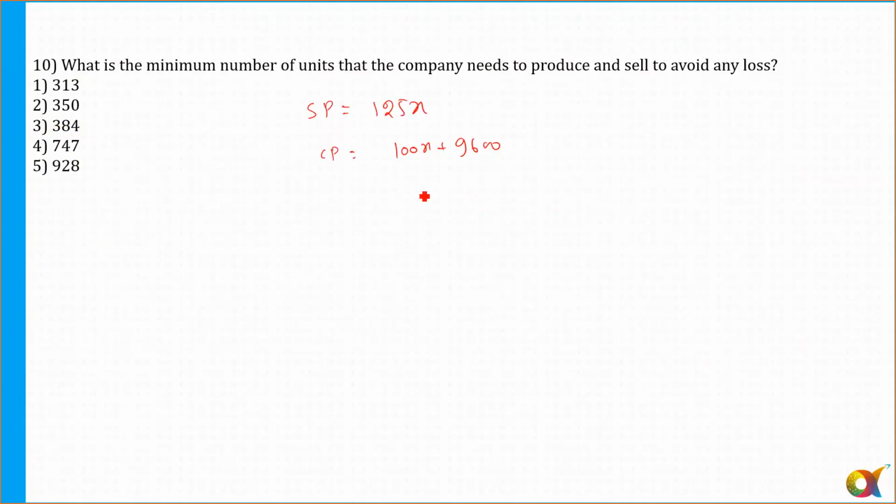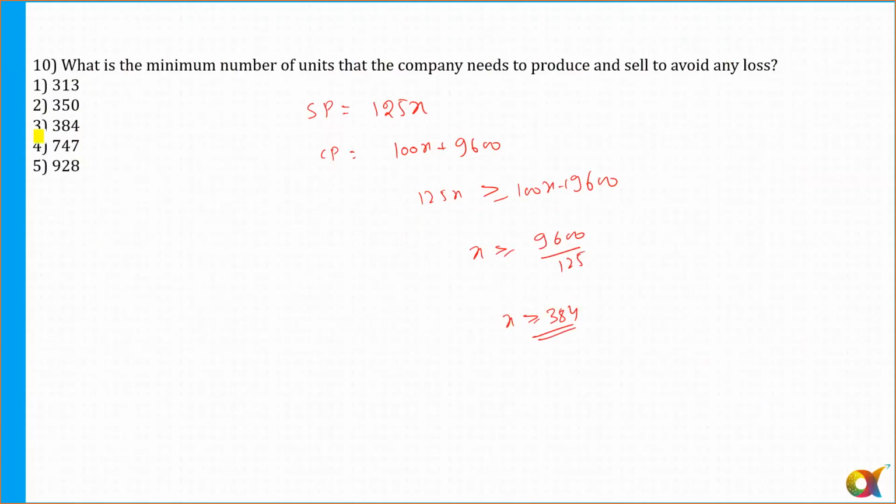To avoid any loss, 125X has to be greater than or equal to 100X plus 9600. It means X is greater than or equal to 9600 upon 125, which comes out to be X greater than or equal to 384. So the answer is option number 2.